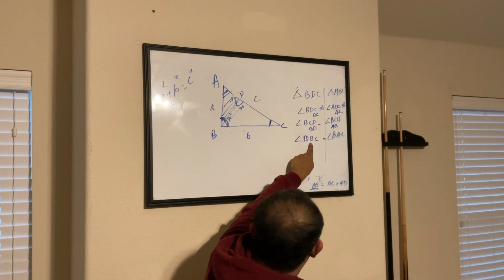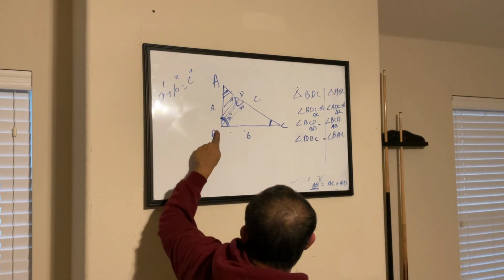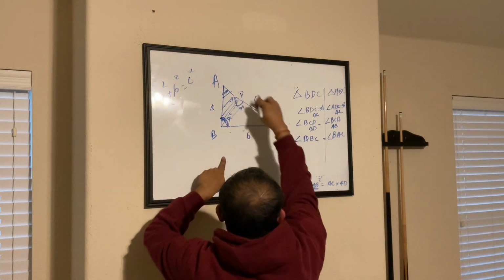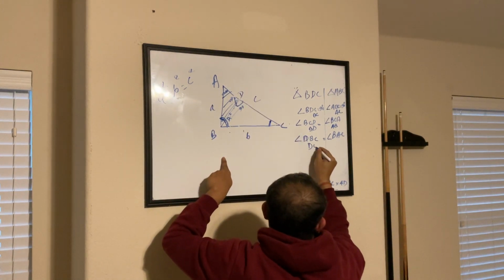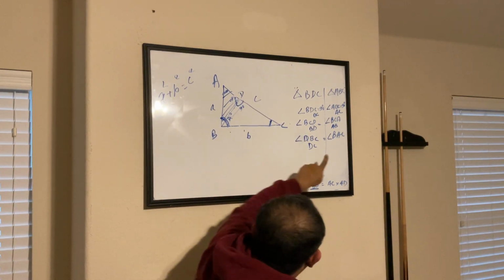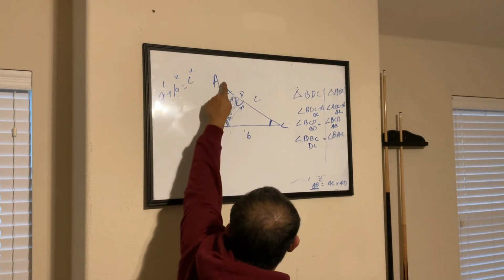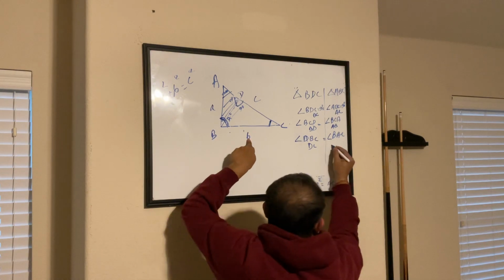Now DBC. This is the angle, and the side opposite to it is DC. This angle is BAC in the large triangle, and the side opposite to it is BC.